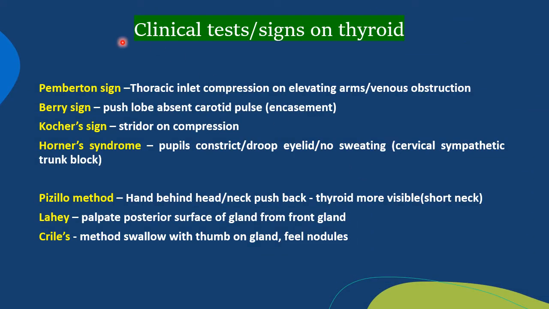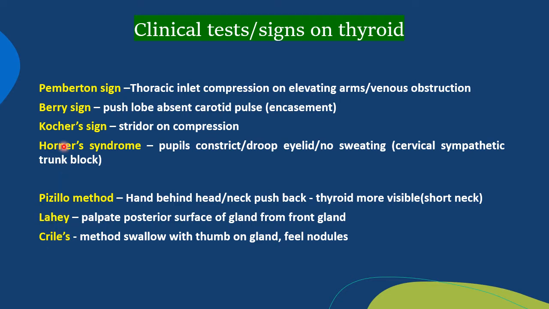Next important thing for the examination is some special clinical tests on the thyroid. These are the list of common tests that are done: Pemberton sign, Berry sign, Cocker sign, Horner syndrome, Crile's method, Lahey's method, and Kocher's method.